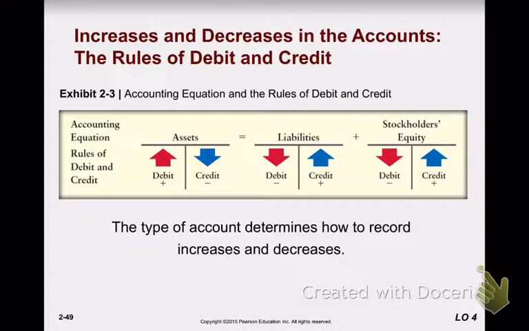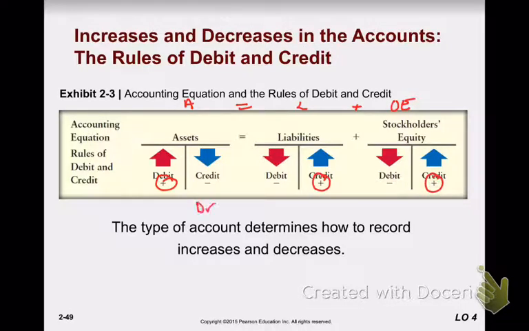Now what we're going to do is make sure that we understand which way it goes up and which way it goes down. So we are back to our accounting equation, assets equals liability plus owner's equity. You see here assets increase on the debit side but decrease on the credit. With liabilities, you'll see they increase on the credit side, and same thing with shareholders' equity.